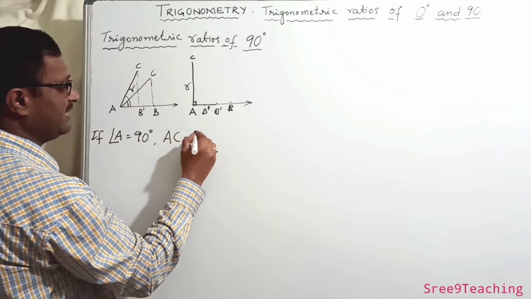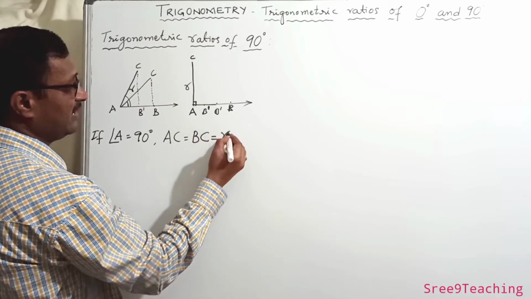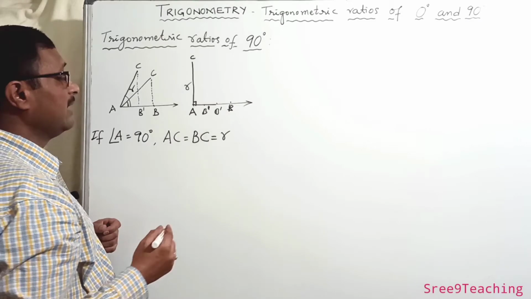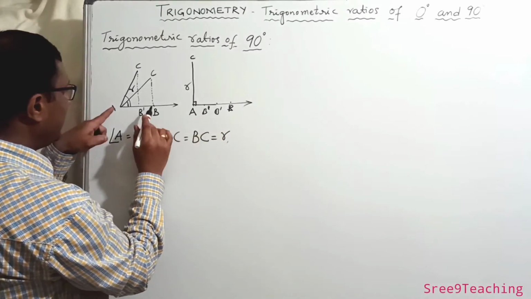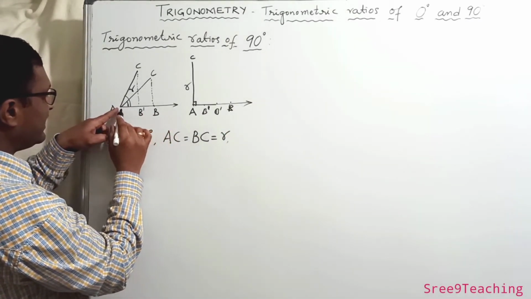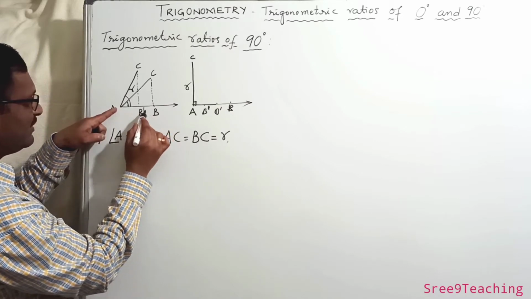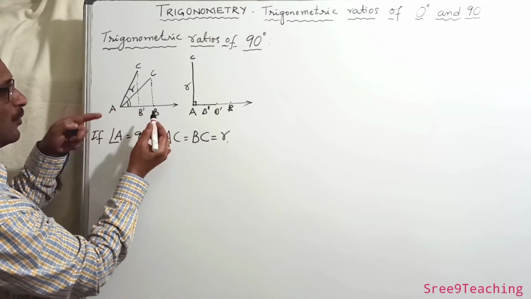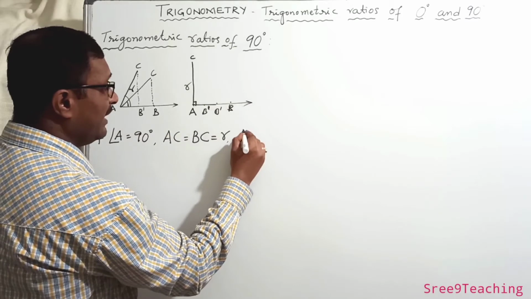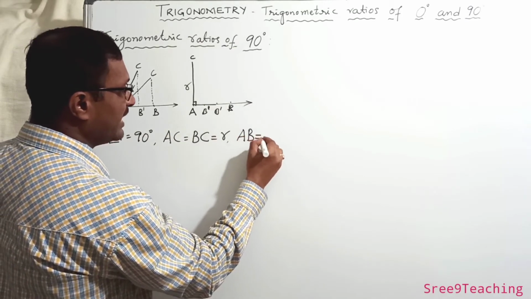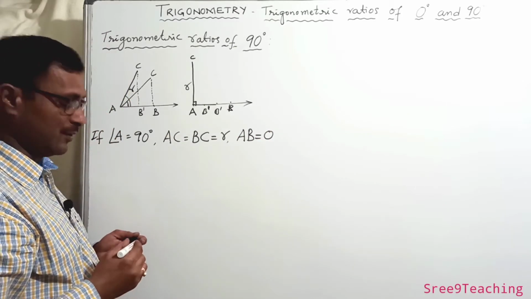Hence we write AC is equal to BC, which is the length R. Now AB is getting decreased, B is moving towards A, hence there will be no B, hence we write AB is equal to 0.